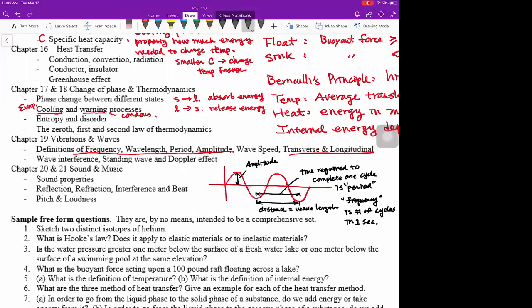The Doppler effect is also an important property of waves.